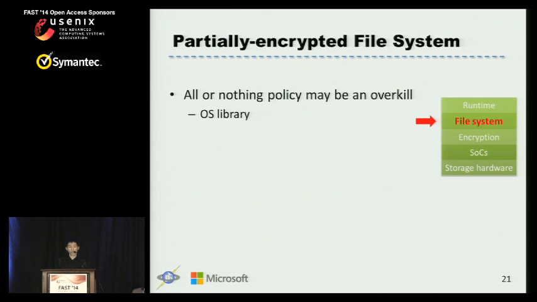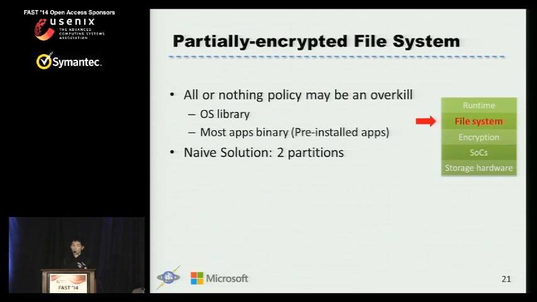There are some components that you can never benefit from encrypting, say operating system libraries, or most pre-installed application binaries, because they appear on everyone's phone. There's nothing private here. So you can think about a file system where you can specify something you want to encrypt and something that you don't need to encrypt.